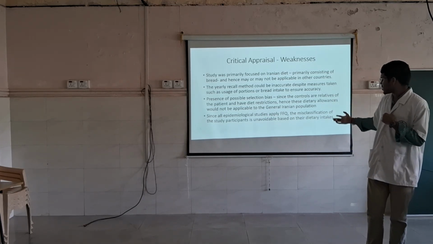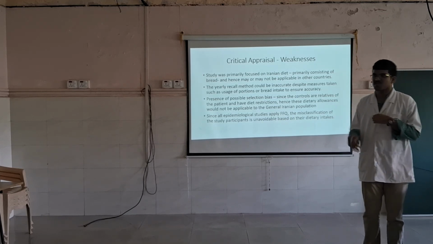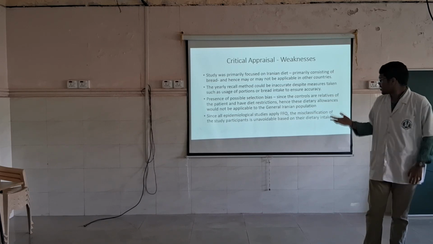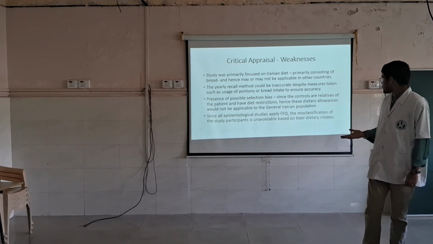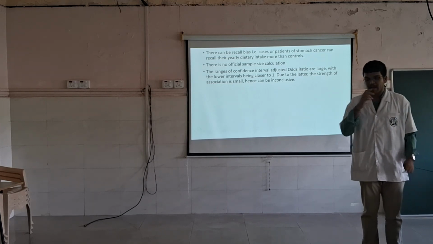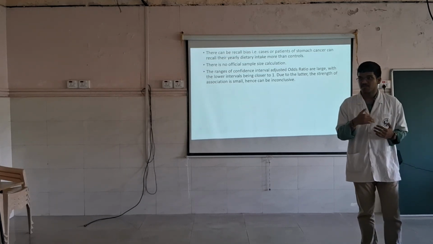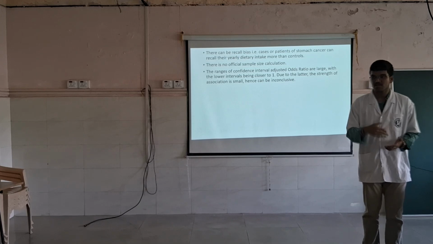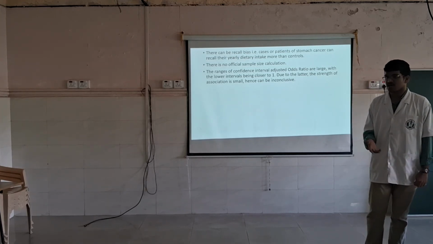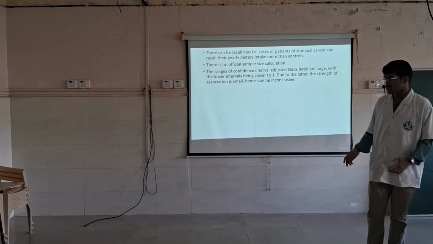And the food frequency questionnaires may show some inaccuracy, such as misclassifying the type of dietary intake. There can be recall bias, meaning that cases had a higher probability of recollecting what they had before the occurrence of stomach cancer as compared to controls. And there was no official sample size calculation.